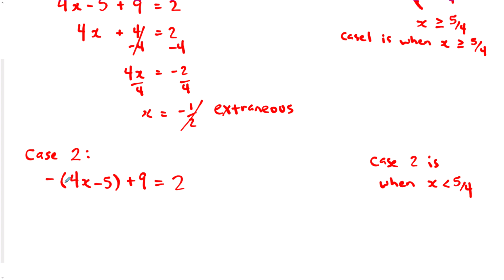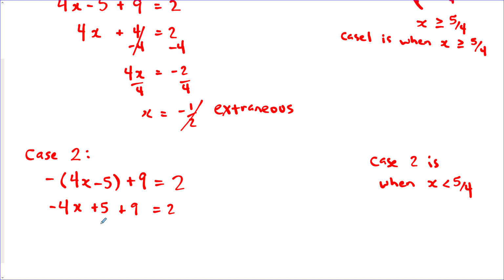Okay, we can't do algebra with the absolute value brackets in here. We don't have any way to move things in and out of those absolute value brackets. That's why we have to get rid of them. So now we've gotten rid of them. Now it's just regular algebra that we can all do. So -4x plus 5 plus 9 equals 2.